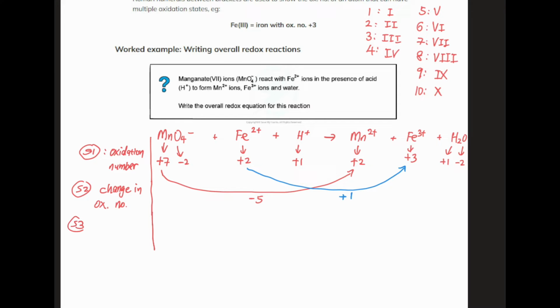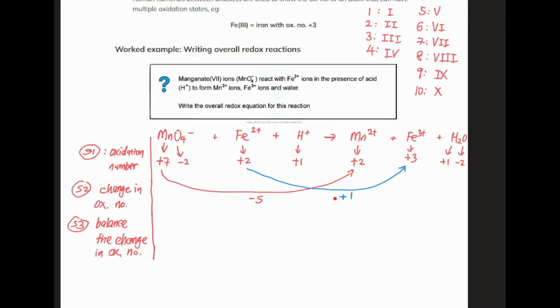The third step is to balance the change in oxidation number. So how to balance the change? For example, this is -5, this is positive 1. So we need to balance in a way so that how much the decrease here is equal to how much the increase here.